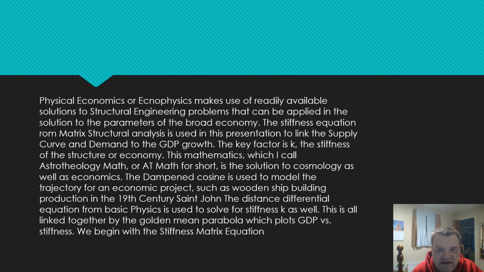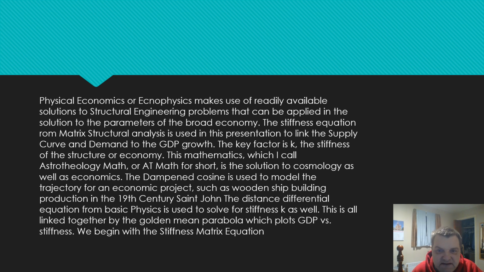The key factor is K, the stiffness coefficient of the structure of the economy. This mathematics, which I call astrotheology math, or AT math for short, is the solution to cosmology as well as economics. The dampened cosine is used to model the trajectory for an economic project, such as the wooden shipbuilding production in the 19th century St. John in Canada.